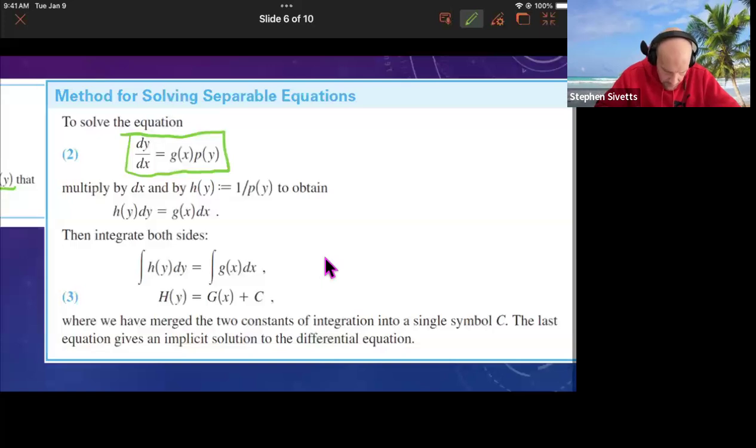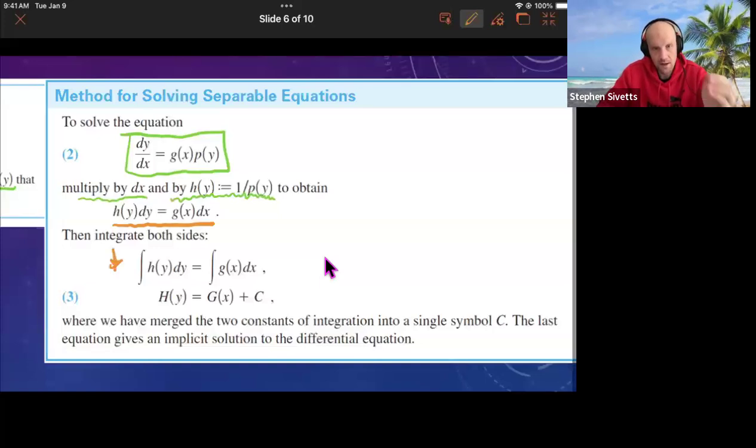So the steps here are just like I labeled out before. If you have an equation written as a product of two functions, g of x times p of y, let's say, you want to multiply both sides by dx, and also multiply both sides by 1 over p of y, to obtain this relationship: a function of y times dy equals a function of x times dx. Then the next step is to integrate both sides.